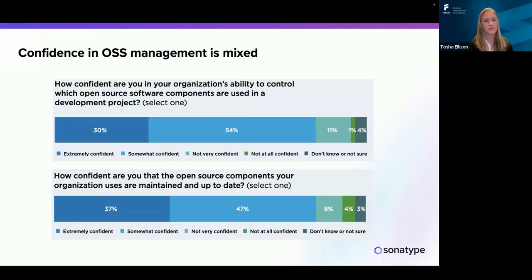You can see that most people are pretty confident, semi-confident, extremely confident. I think that might be because there's this sense that within financial services, because it's highly regulated, the environments are very locked down.